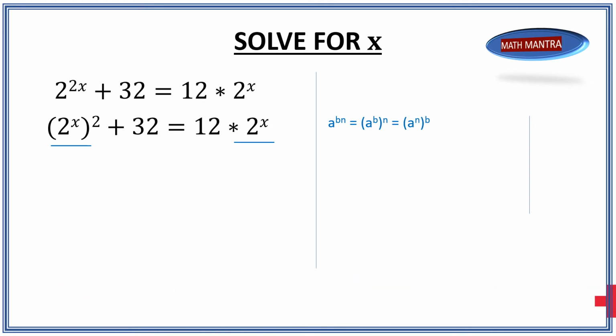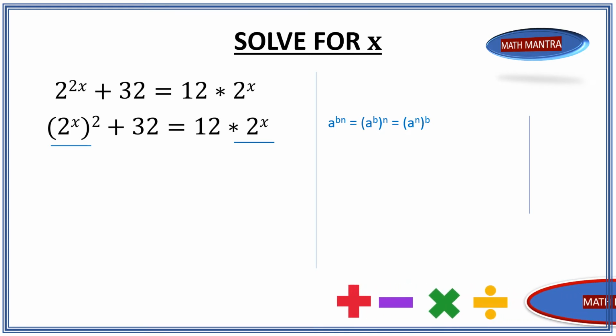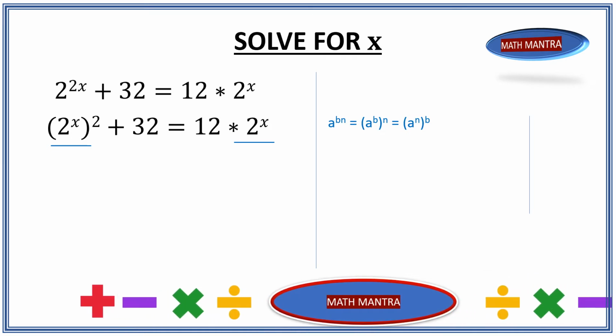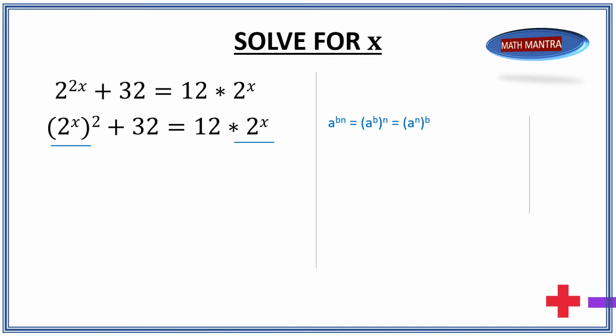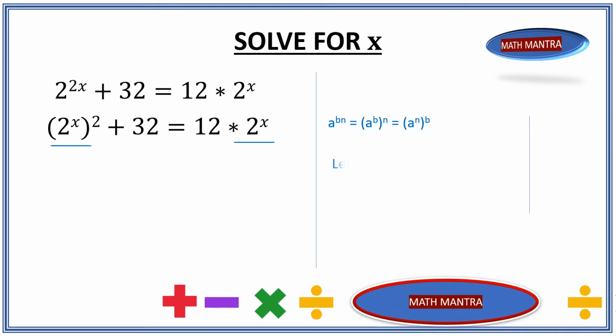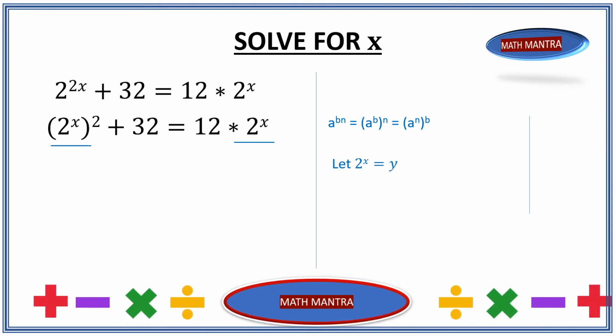Then we can quickly solve the quadratic equation and go back and find 2 to the power of x with the solution that we get, right? So let's assume 2 to the power of x is equal to y.